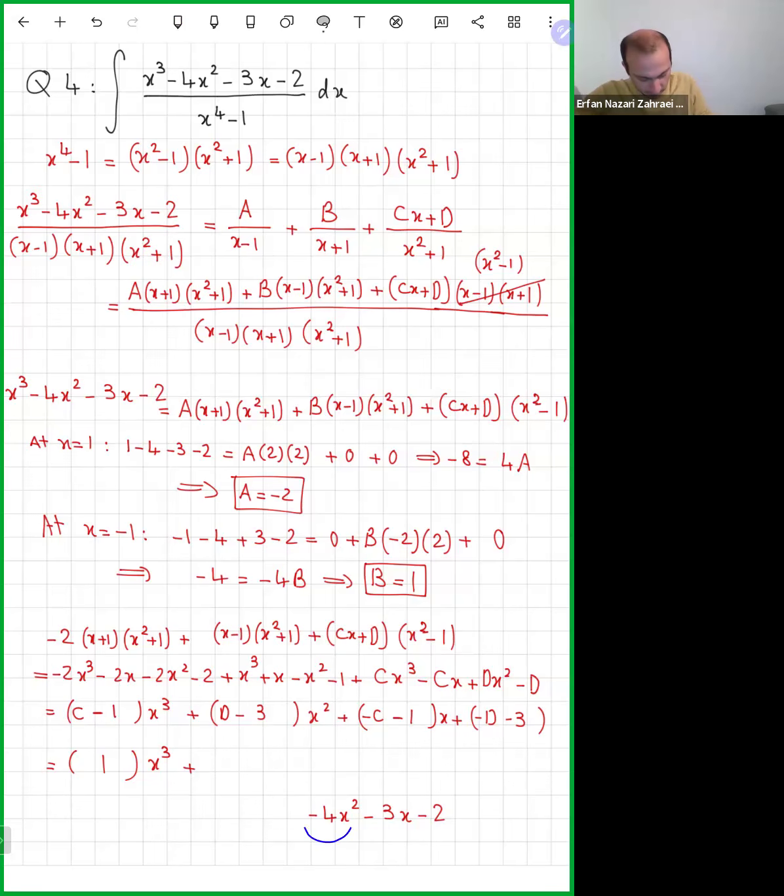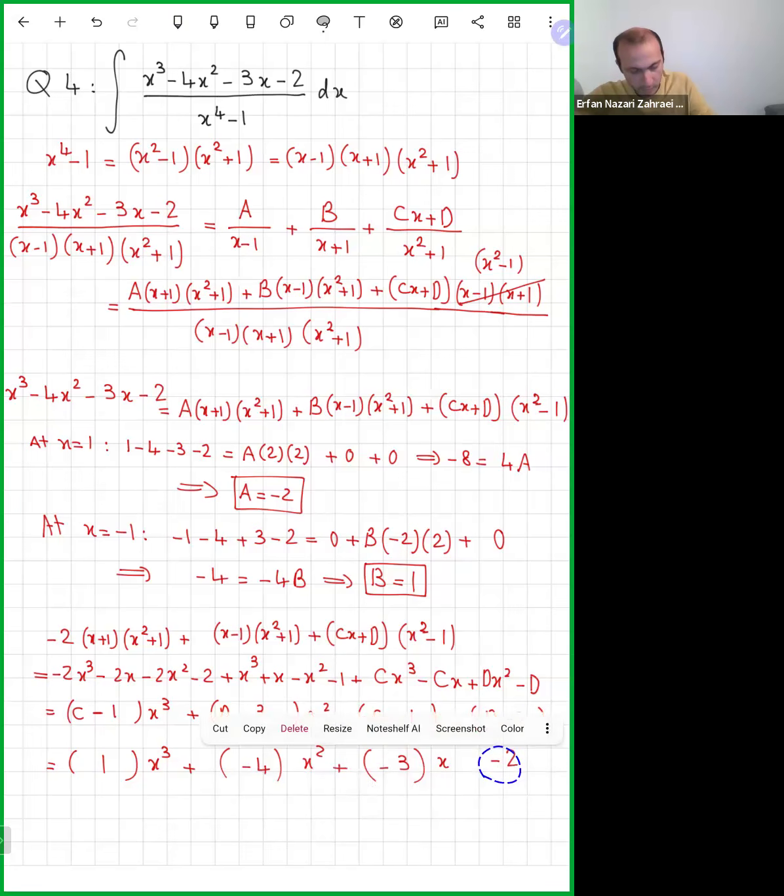I have negative 4x cubed. X squared, negative 4x squared. And then I have negative 3x. And then I have minus 2. So this means that this is this, this is this, this is this, and this is this.